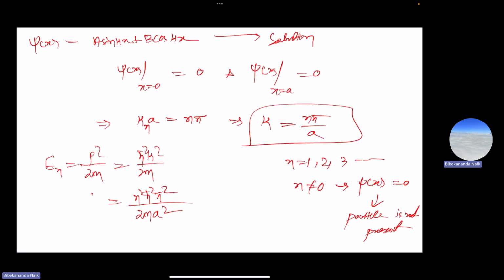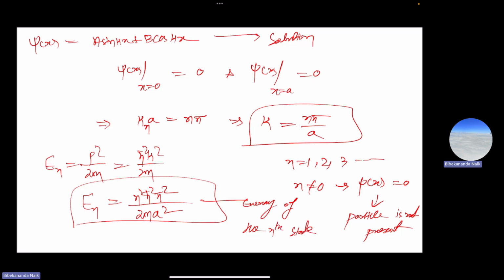So this is the energy of the nth state, where a is the length of the box and m is the mass of the particle.